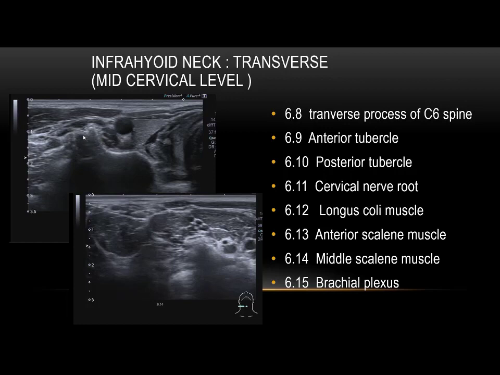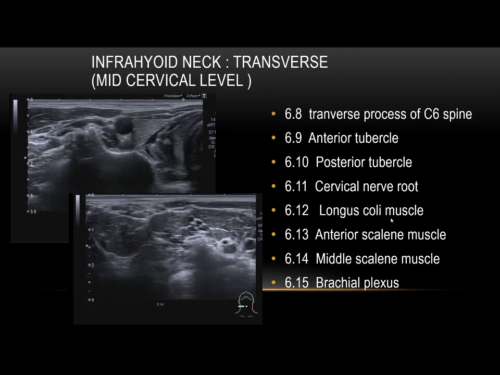When they traverse from the neural foramen, they go laterally, and there is a fixed muscle landmark: the anterior and middle scalene sandwich and protect this brachial plexus.